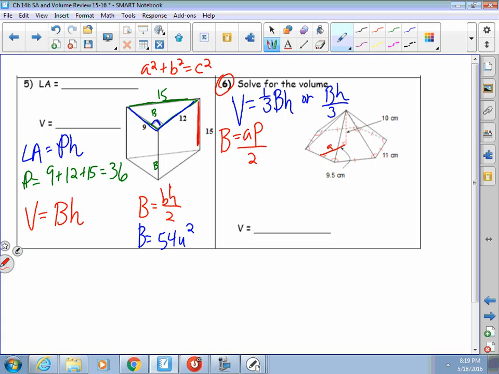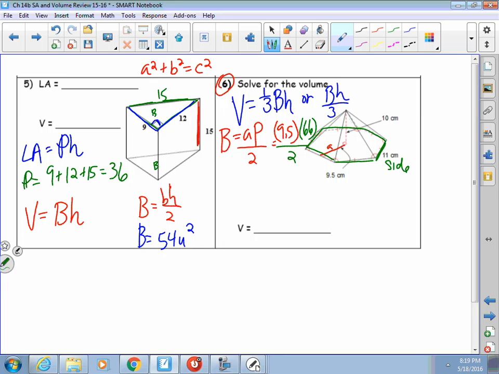So here's our apothem. They already labeled that and gave us the measurement for that. So we know that the apothem is 9.5. And then P is the perimeter of the base. That's your distance around. Right here, this 11 tells me what the side is, and I have a total of 6 sides. So that's going to be 66.